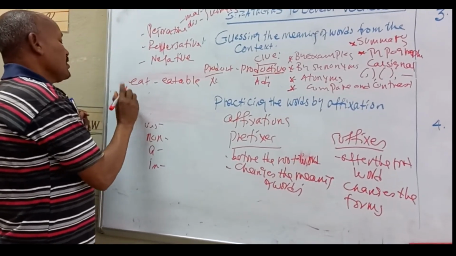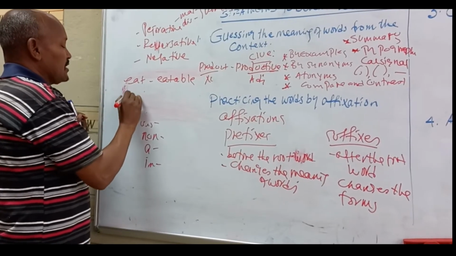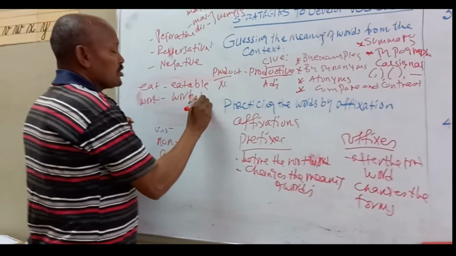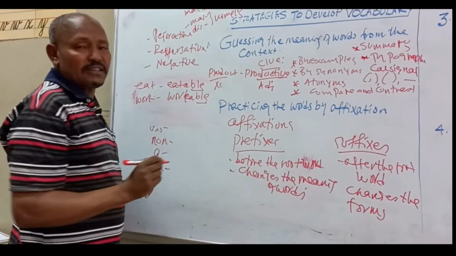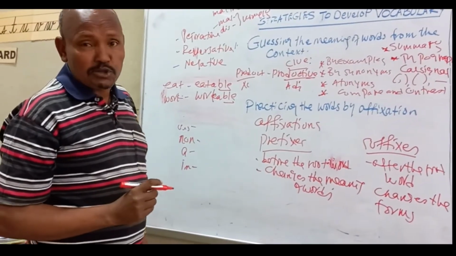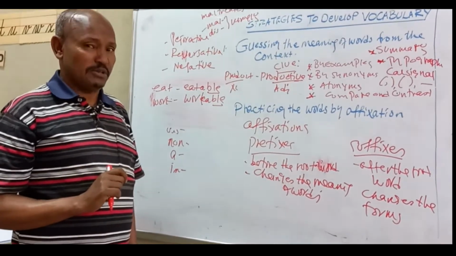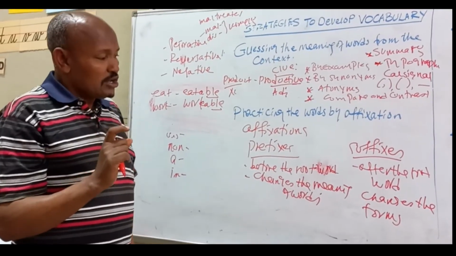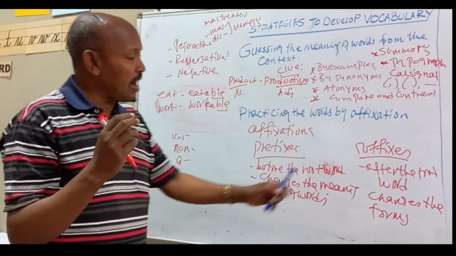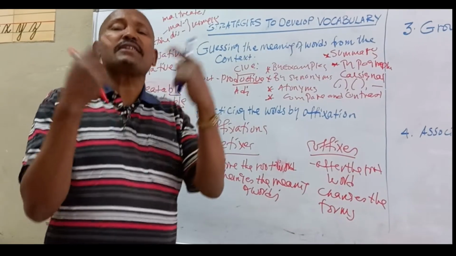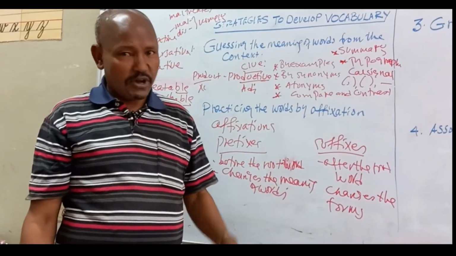And work is a noun; workable is an adjective. So this suffix changes the form or part of speech, but it never changes the meaning of the words. So we always practice by adding suffixes to understand the meaning of the vocabulary words.